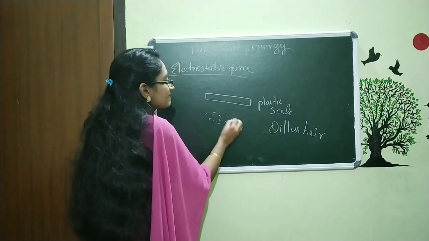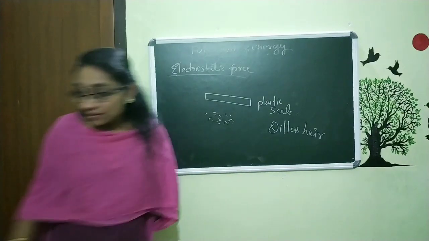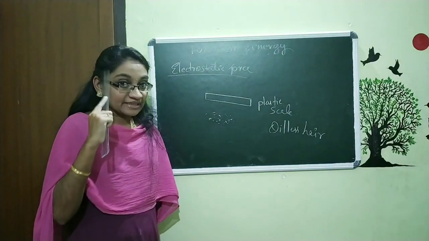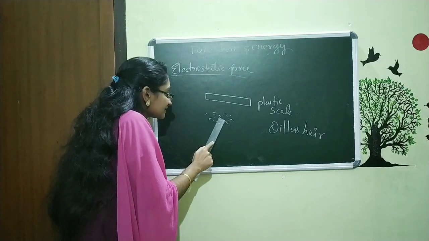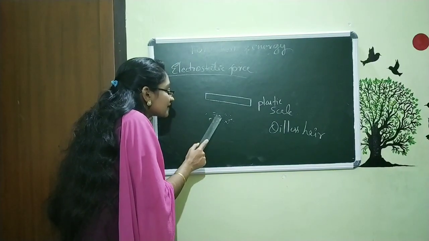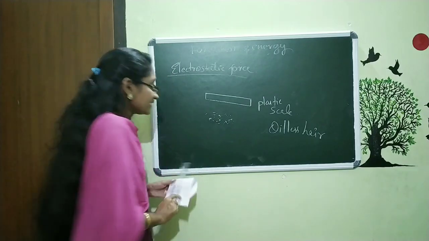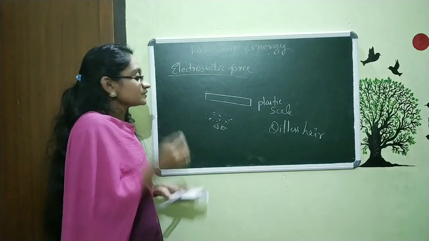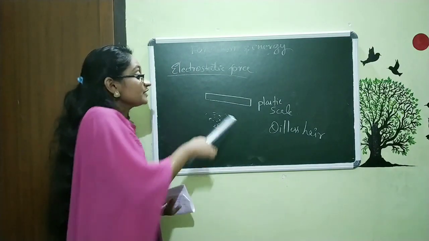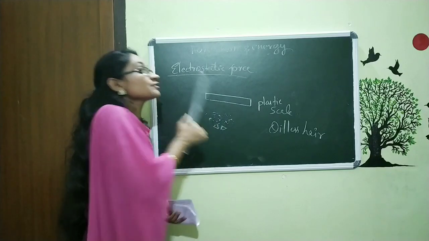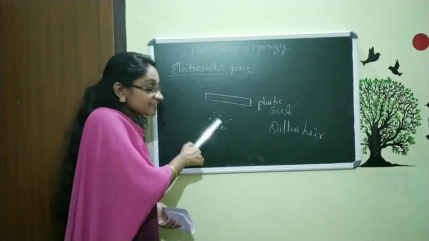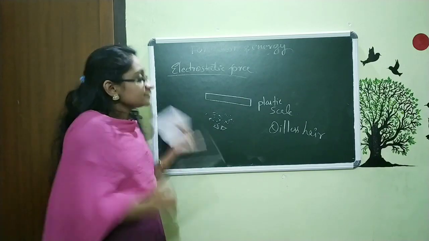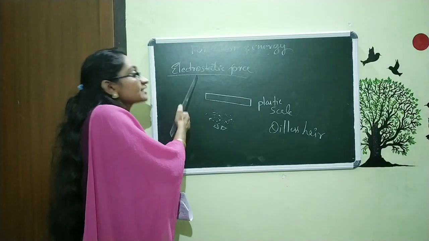Rub the scale on your hair and put the scale towards these small pieces of paper. When you take big pieces of paper, it's not getting attracted. So take very small pieces of paper, and when you put the scale near them, you can see these paper pieces jump onto the scale. It is getting attracted. That is electrostatic force.